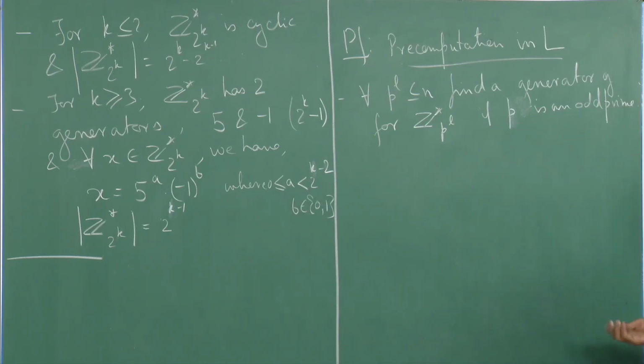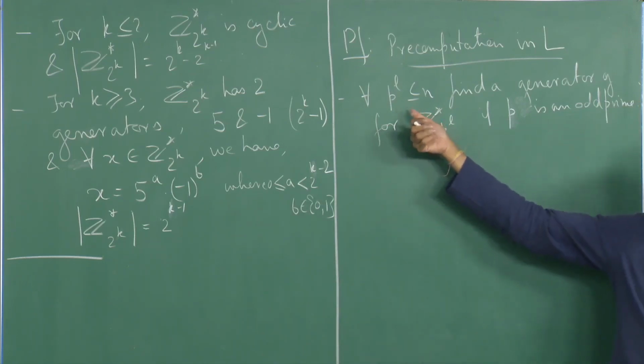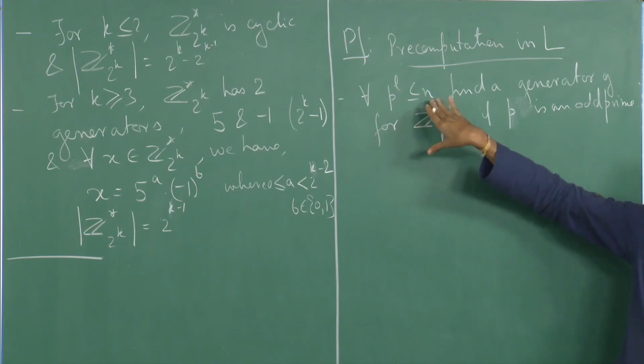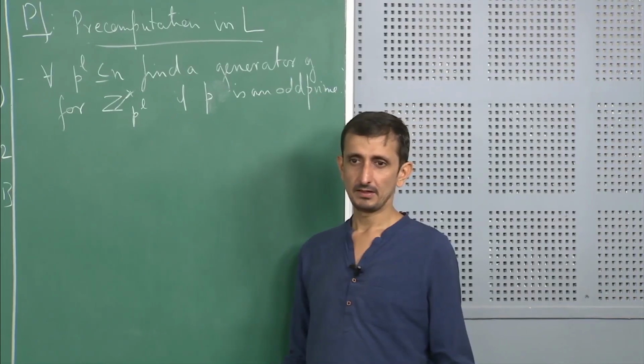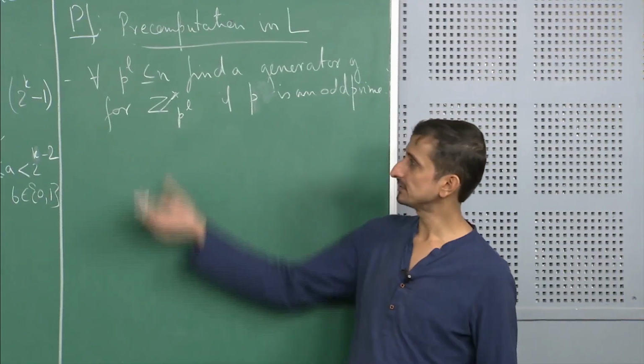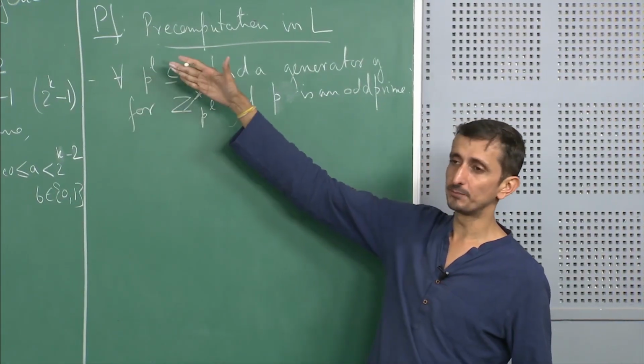So why can we do this? How can we find a generator? For each number that is less than n, I can first compute the factors, and by computing the factors I know whether it is of the form p to the power l or not.